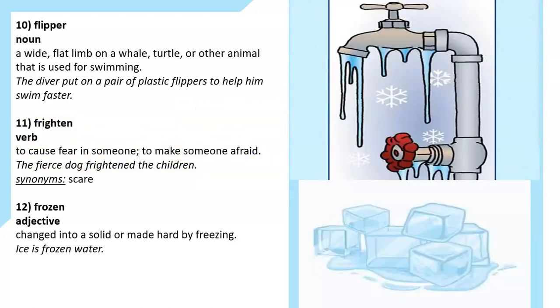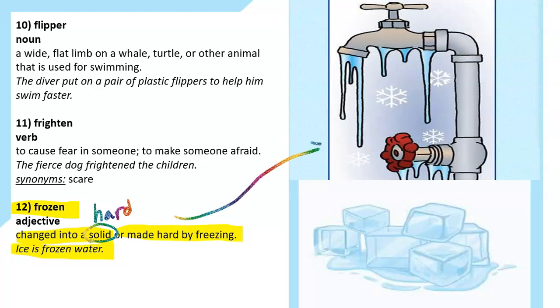Our next word is frozen. Frozen is an adjective and it is changed into a solid or made hard by freezing. Ice is frozen water. When we talk about frozen, we mean that something used to be water, but now it's not water anymore. Now it is solid. It is hard.